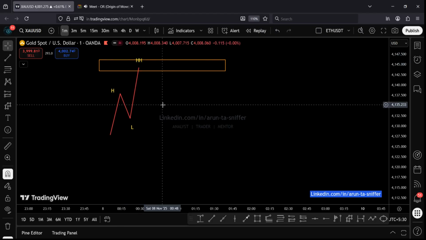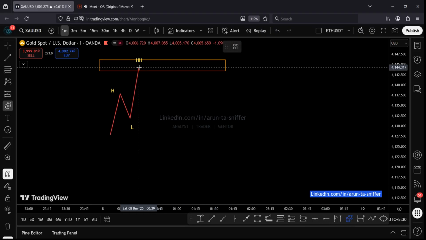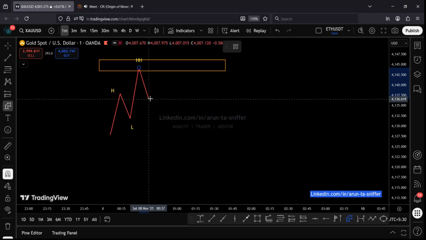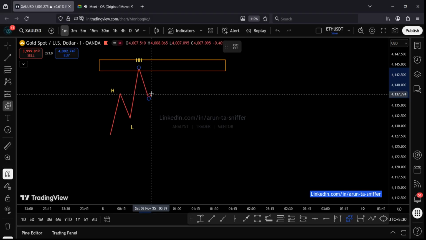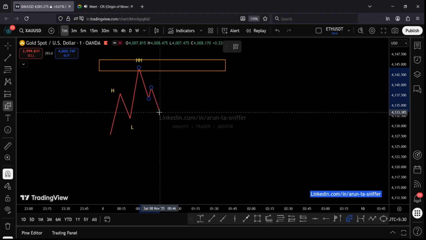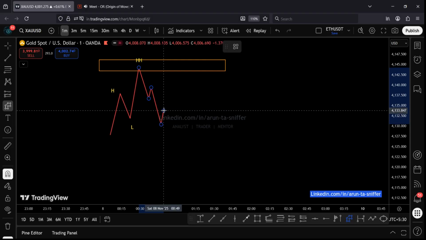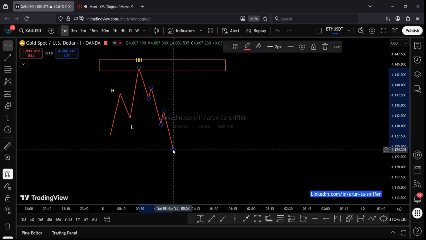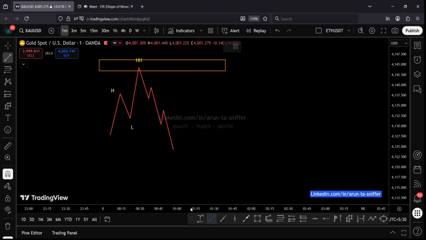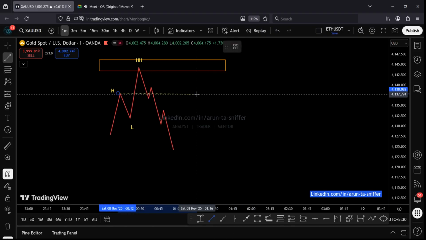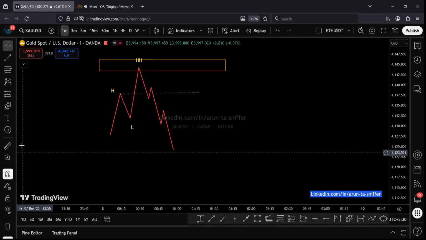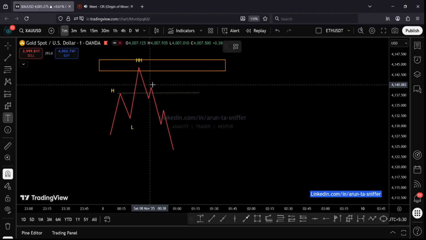Okay, then the price comes back, pulls a little, makes a QML, LSK or DP, then comes here, pulls back and came down, right? So this one is our QM level. Call this QML.